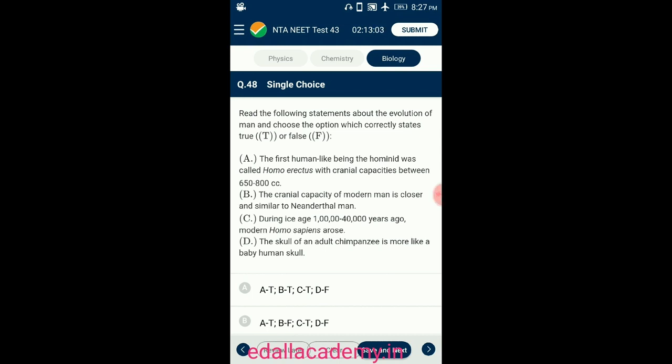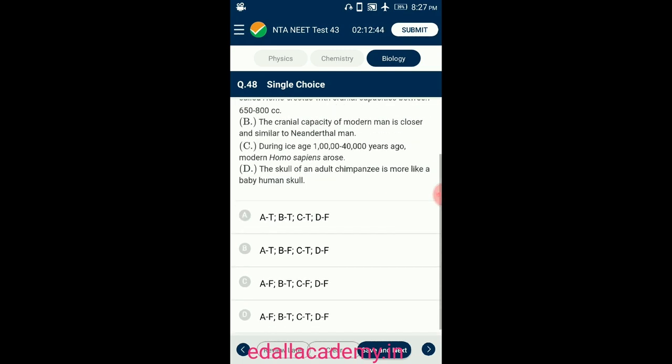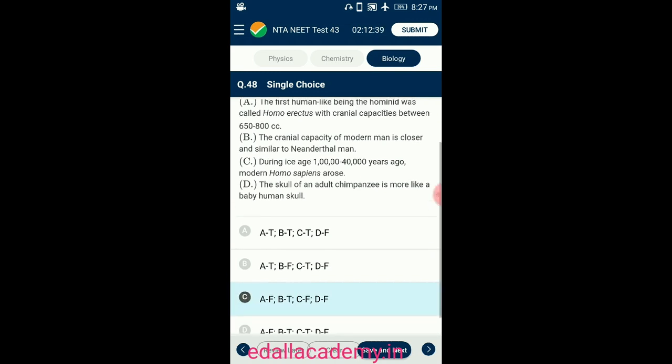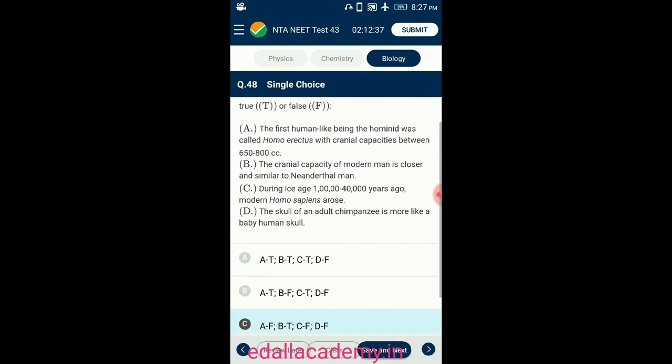Cranial capacity of modern man is about 1350 cc and is similar to Neanderthal man with cranial capacity of about 1400 cc. During Ice Age between 75,000 to 10,000 years ago, modern Homo sapiens arose. So the answer for this question is option C. Statement A is false, B is true, C is false, D is false.